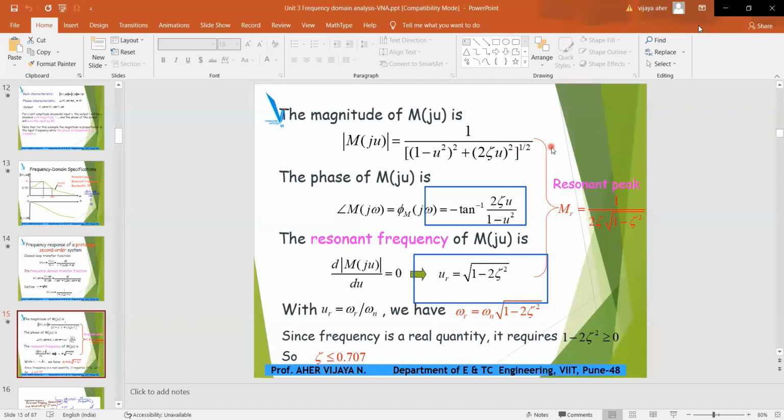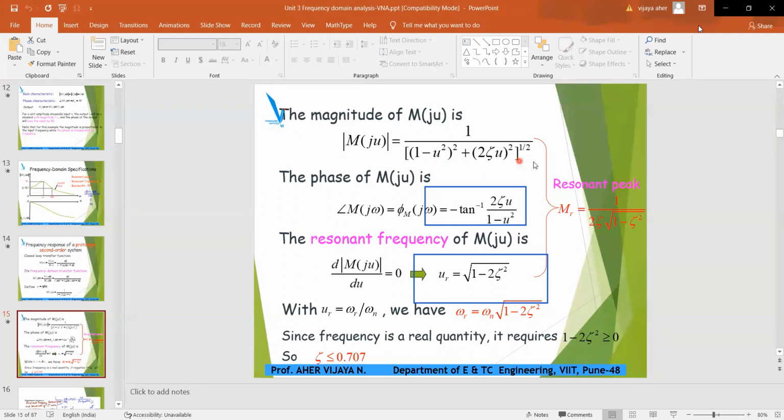So 1 divided by under root of bracket 1 minus u square, whole square, plus 2 zeta u square, bracket complete. This is nothing but the magnitude of mju.